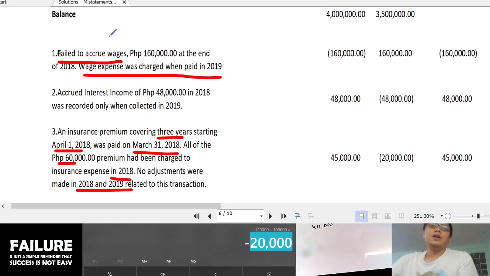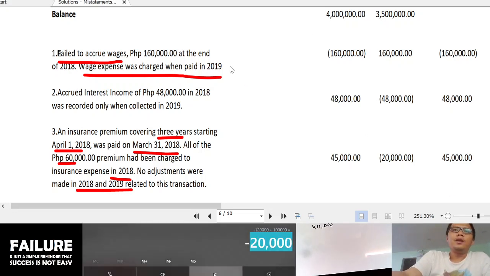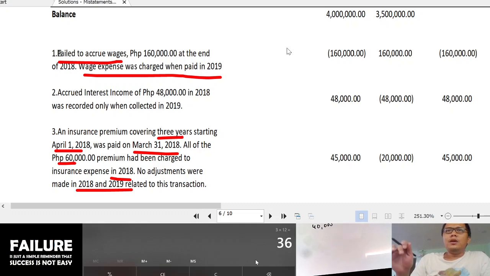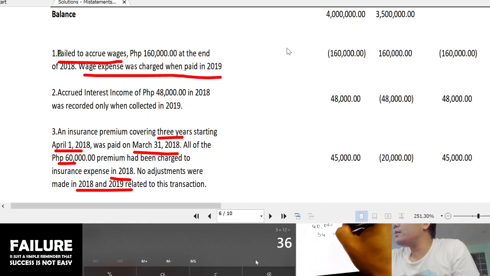So, that means, if 3 years siya, that means na 3 times 12 months, that is applicable for 36 months. Diba?